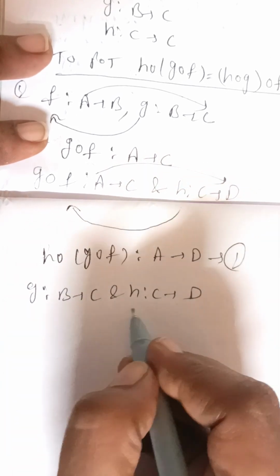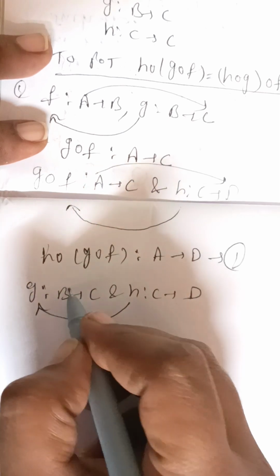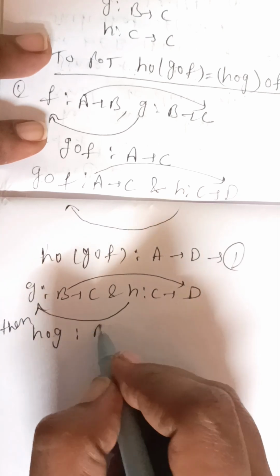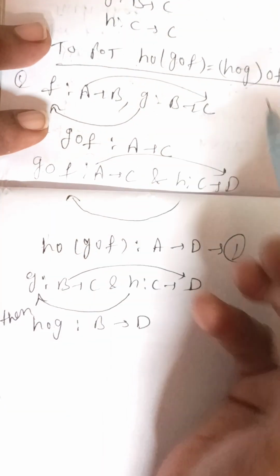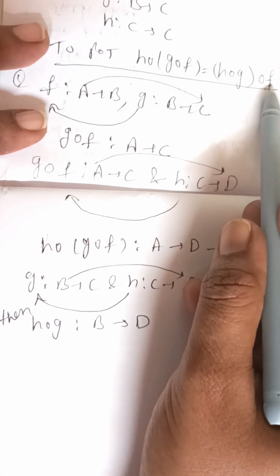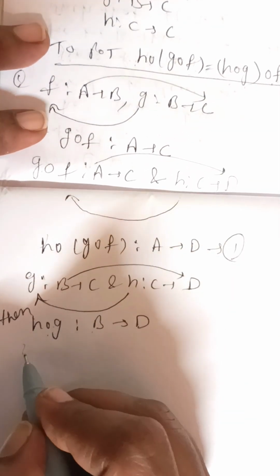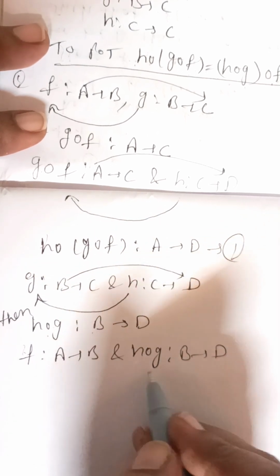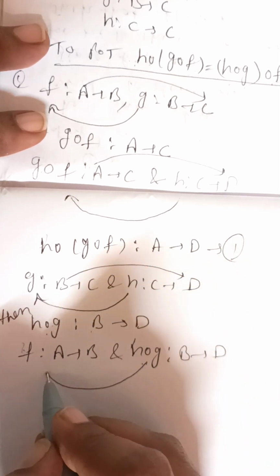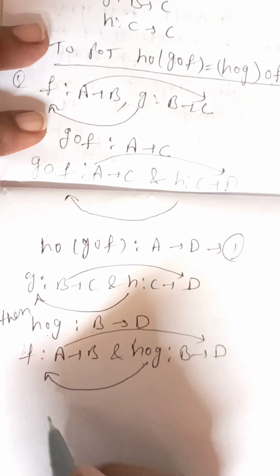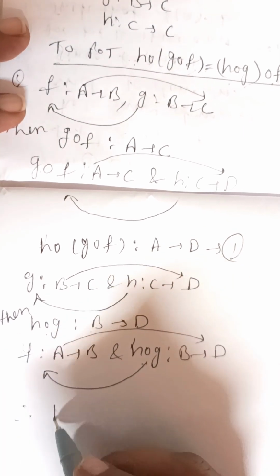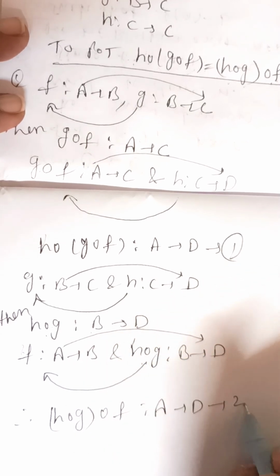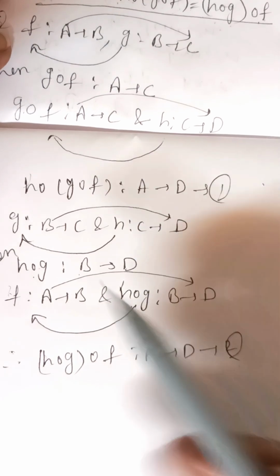So g maps B to C and h maps C to D. Then you can write h circle g maps B to D. Okay, now write f. f maps A to B and h circle g maps B to D. Then you can write (h circle g) circle f maps A to D. Let it be equation 2.